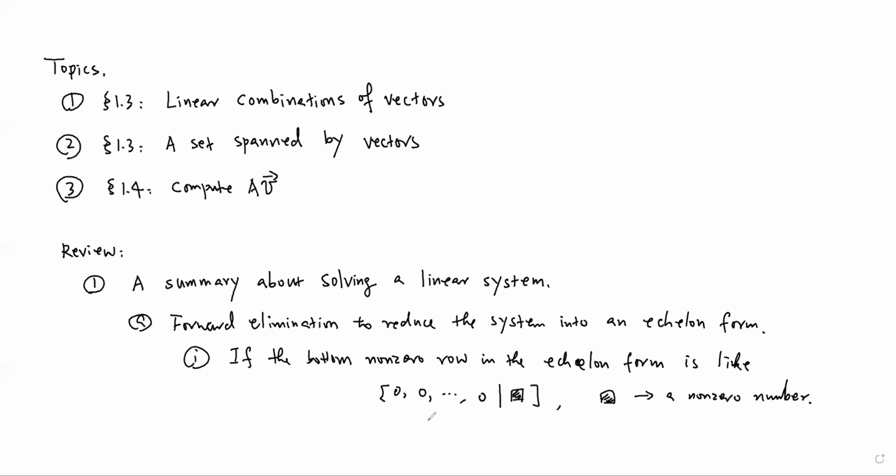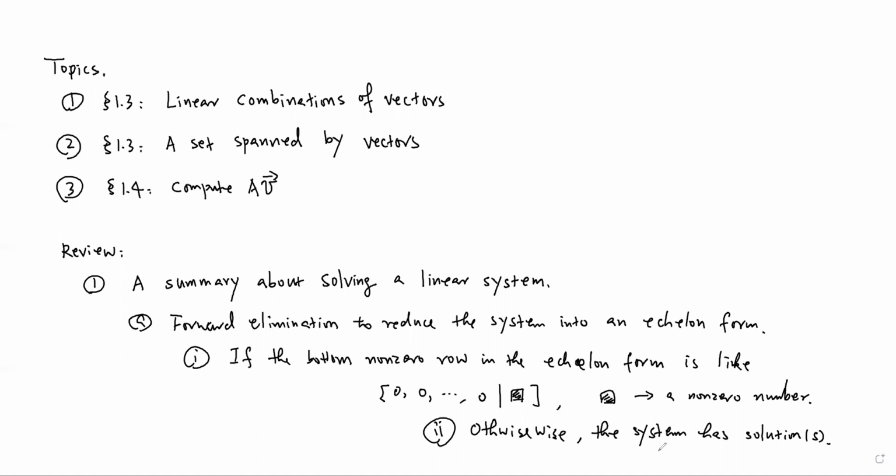Now the second case, if the bottom non-zero row is not a row like this, otherwise the linear system has solution or solutions, depending on whether or not the linear system has a free variable.